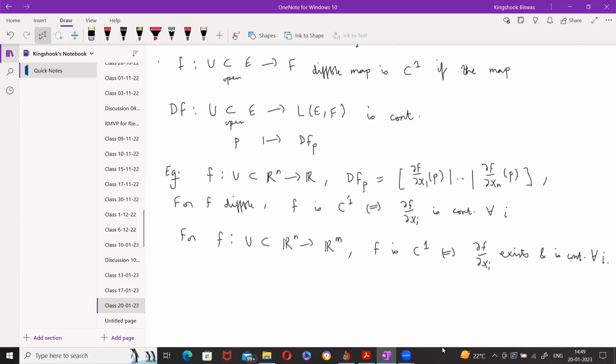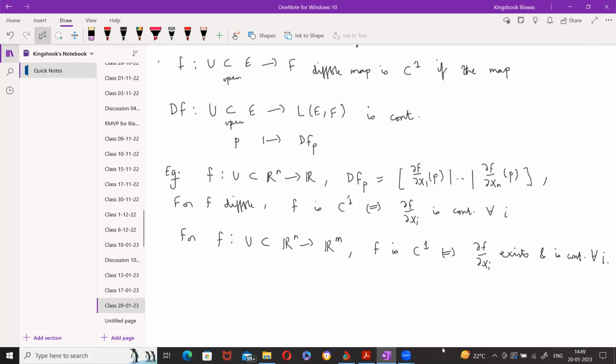Note the important part here is the continuity of the partial derivatives. It's easy to give examples of functions for which all of the partial derivatives exist at all points, but the map is not differentiable. It may not even be continuous, in fact. Okay.